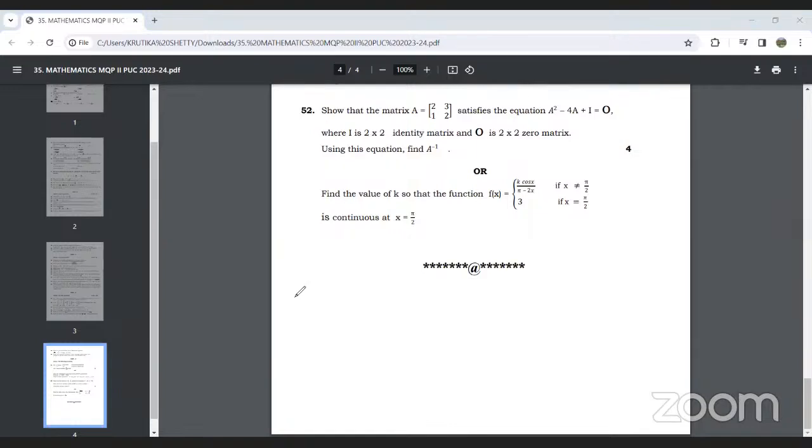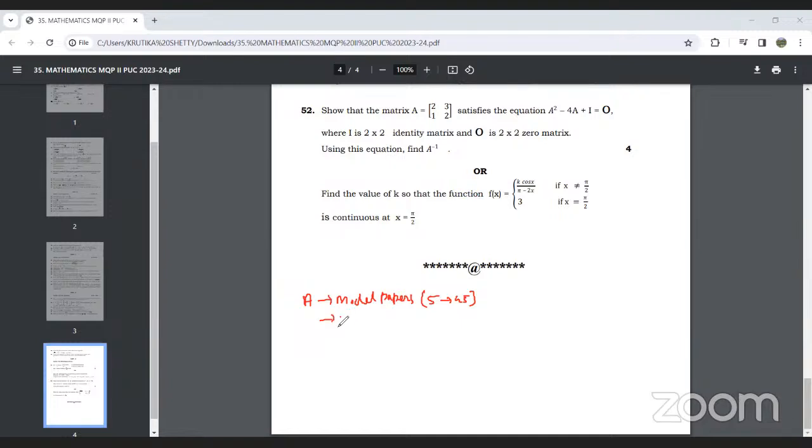So in the morning class I discussed, for part A, you make use of model papers. Practice at least 5 model papers that are given there, so you will get 5 into 9, that is 45 questions there.